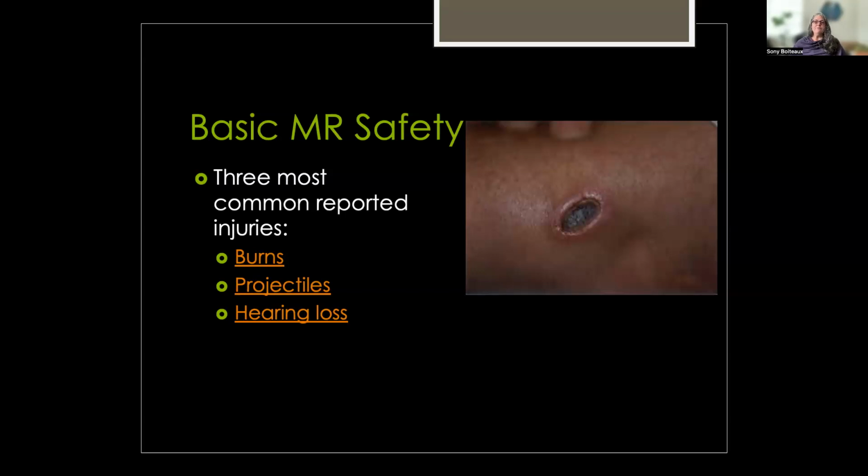And so we need to ensure that we give our patients hearing protection. So that could be earplugs, it could be noise cancellation headphones, it could be a combination of both of those. But again, this is preventable. Okay, so again, MR is very safe when it is used properly, but it can be very unsafe very quickly when used improperly.